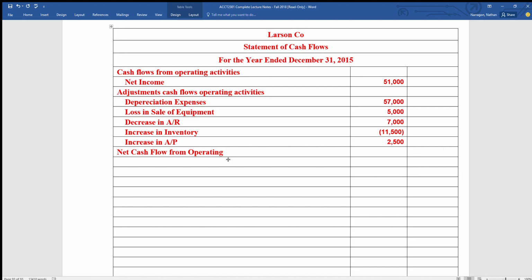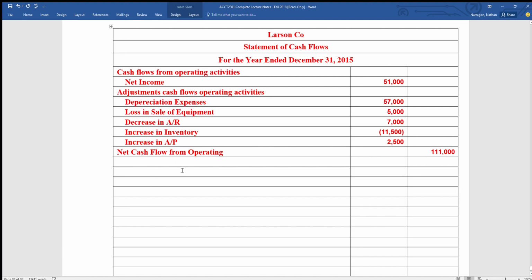So 51 plus 57 plus 5 plus 7 minus 11,500 plus 2,500 equals about a positive 111,000.